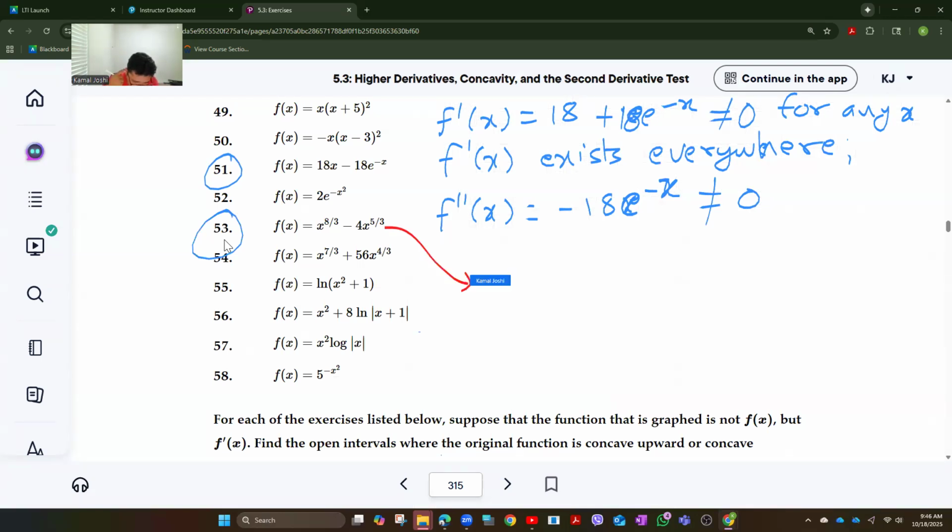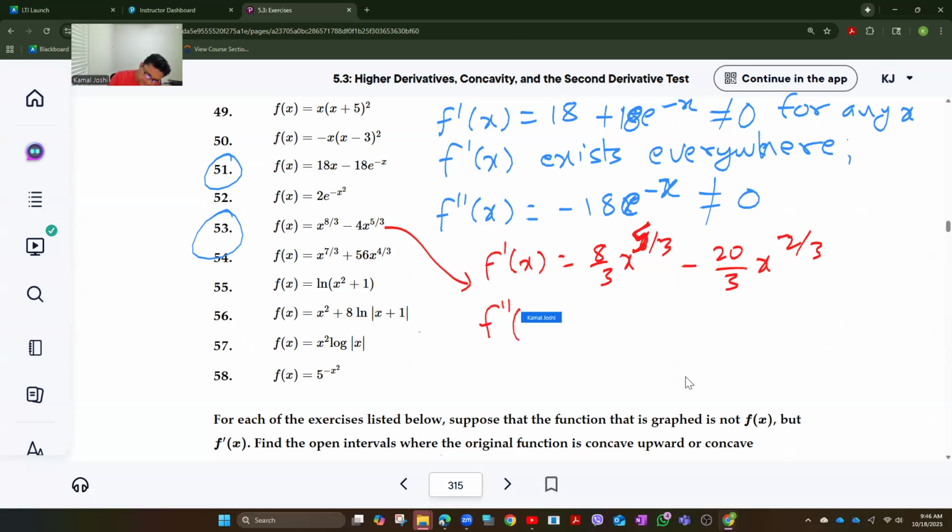Now we'll jump to the second derivative first. The first derivative is 8 over 3 x to the 5 over 3 minus 20 over 3 x to the 2 over 3.